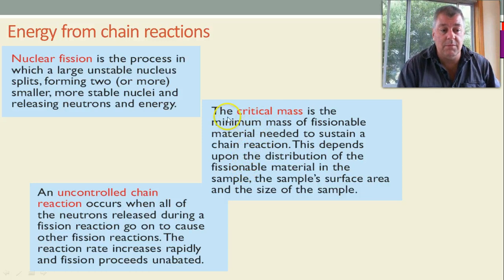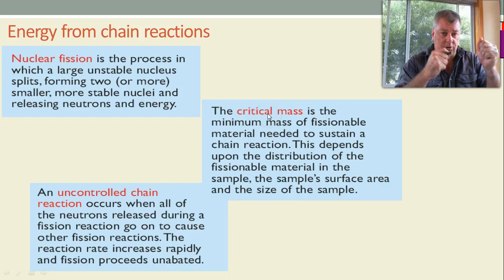Well, this is the minimum mass of the fissionable material. So that would be the uranium-238 we were talking about before, but it could be any of the things that we're using in fission. And so the critical mass basically means you've got to have enough nucleuses to sustain the chain reaction, and it's got to be of a high enough density of those nucleuses.